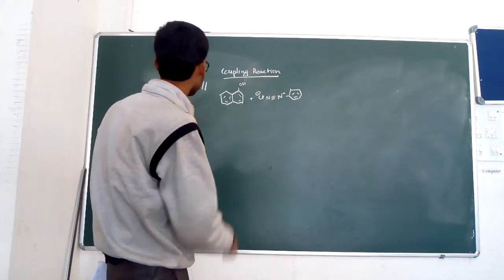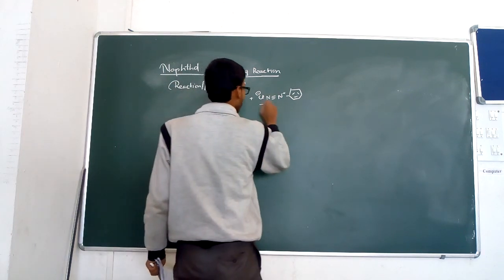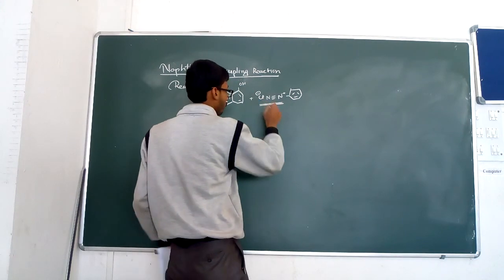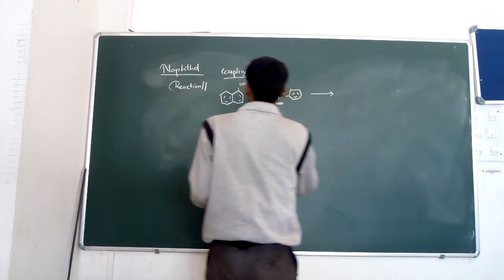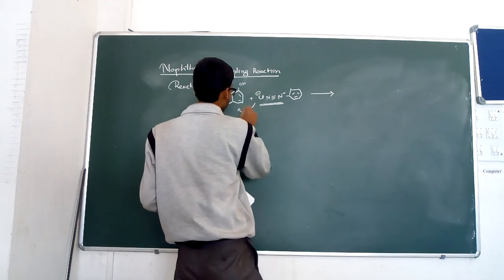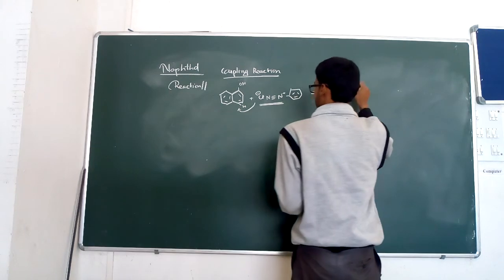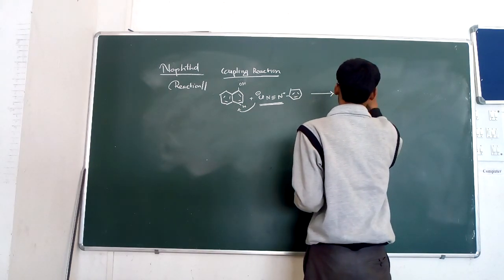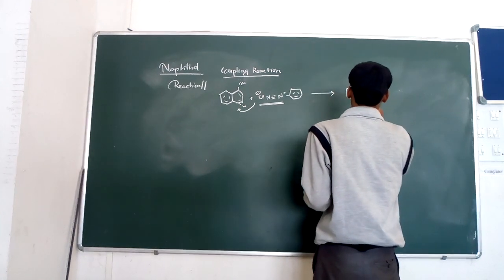When the naphthol reacts with the phenyl azo compound, azo meaning an N2 compound, it forms the azo dye, reacting at the fourth position where the hydrogen is present.